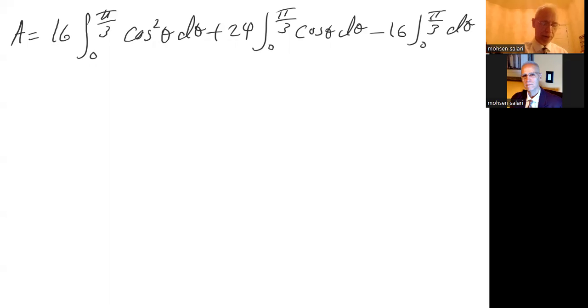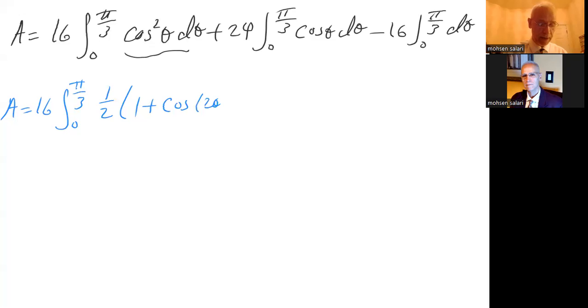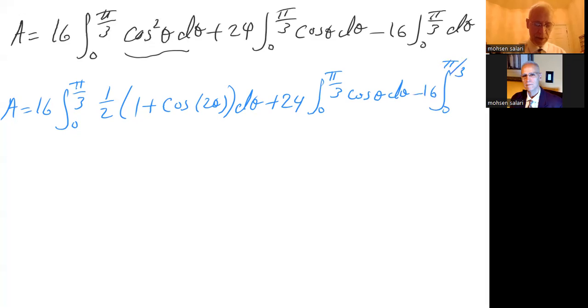I'm going to use the reduction formula. So area equals 16 times the integral from 0 to pi over 3. Cosine squared of theta is the same as 1/2 times 1 plus cosine of 2 theta d theta, plus 24 times the integral from 0 to pi over 3 of cosine of theta d theta, minus 16 times the integral from 0 to pi over 3 of d theta.